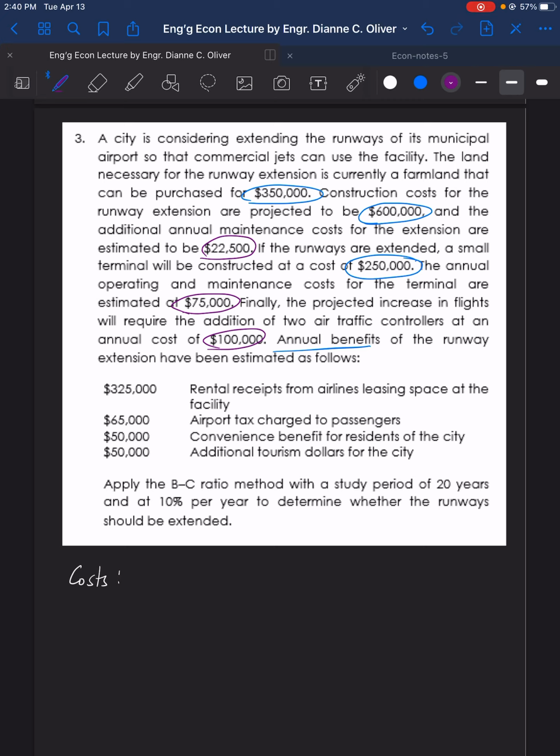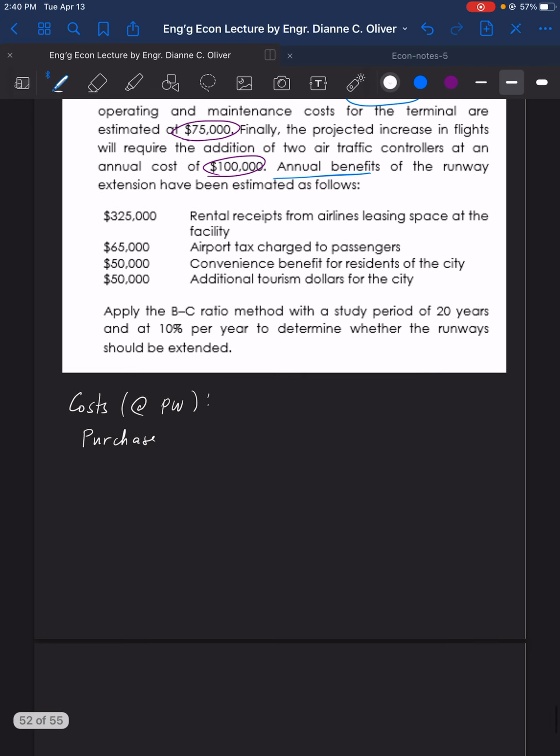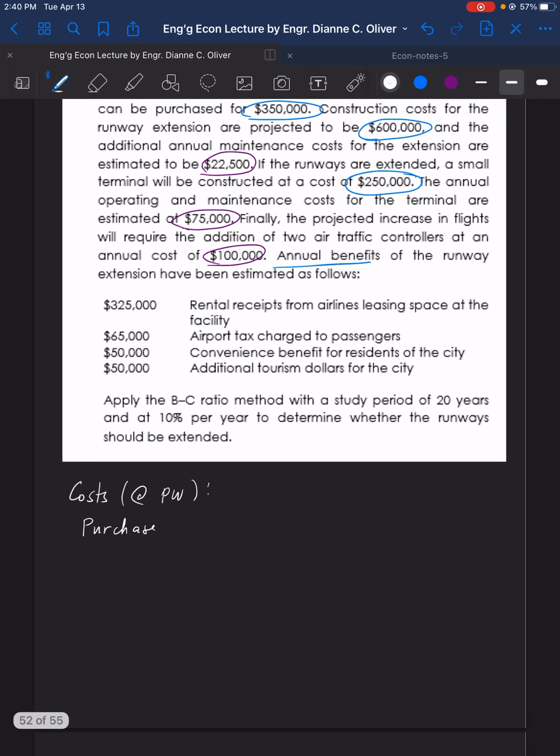So let's have the cost for present worth. So let's add first all the cost at present worth. So we have the purchase of the farmland. That is in 350,000 dollars. So let's put it here. Then we have the construction cost.